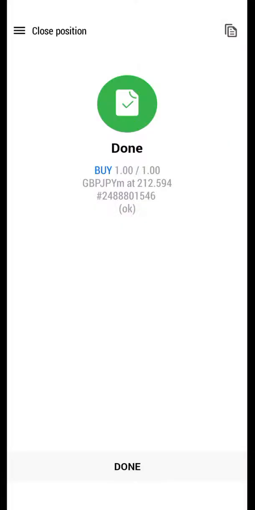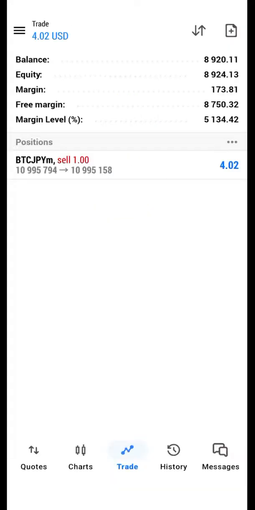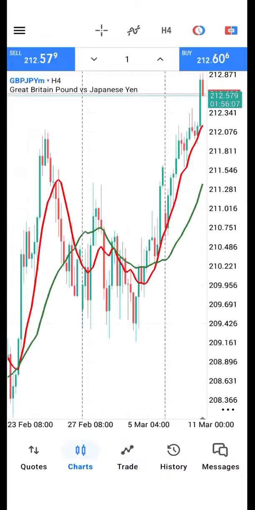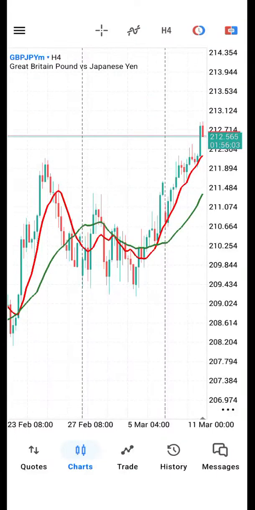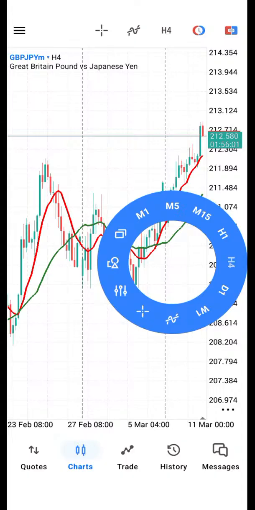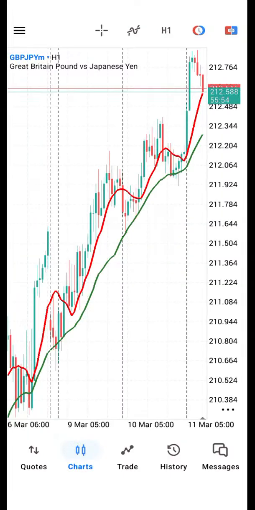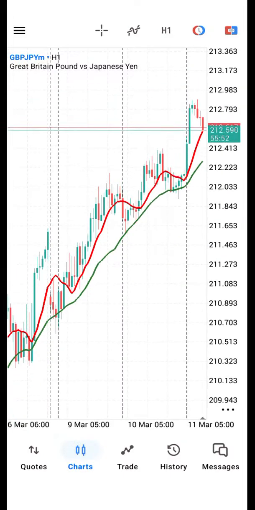Oh, shit. So I've taken out that trade, that GBP JPY. I'm looking for an upward trend, unless you break my EMA. Okay, GBP JPY is showing me a consistent downward trend.